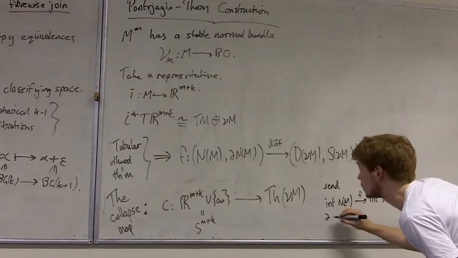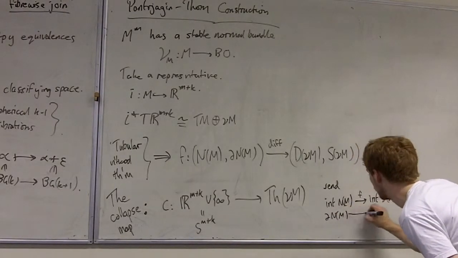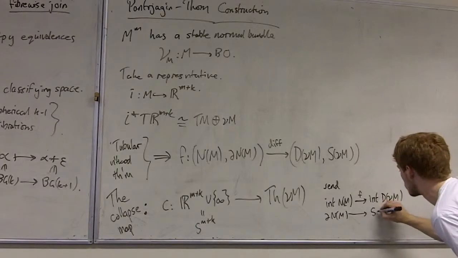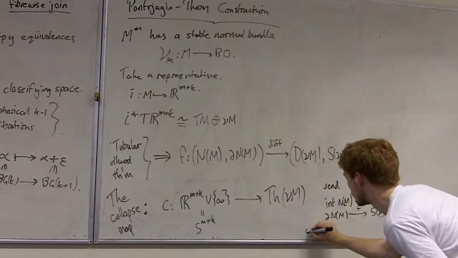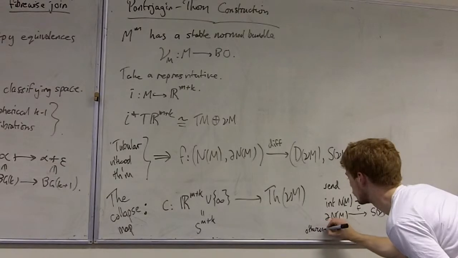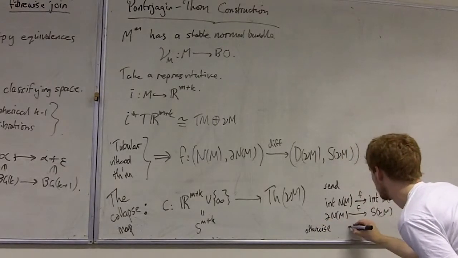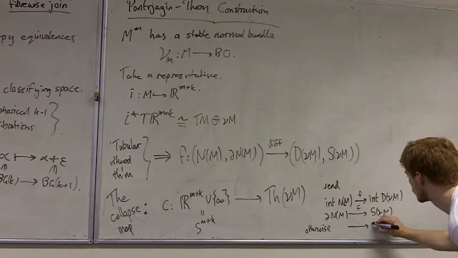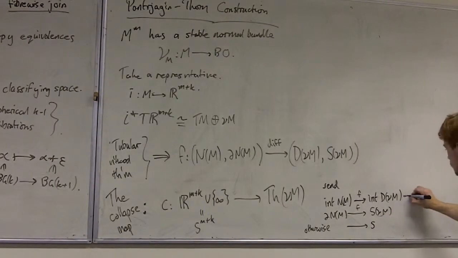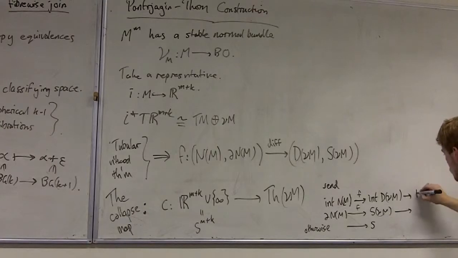So I'm going to send the boundary of N_M to S(N_M), and then I'm going to send otherwise. Okay, so then this goes to the Thom space in the normal way by the quotient.